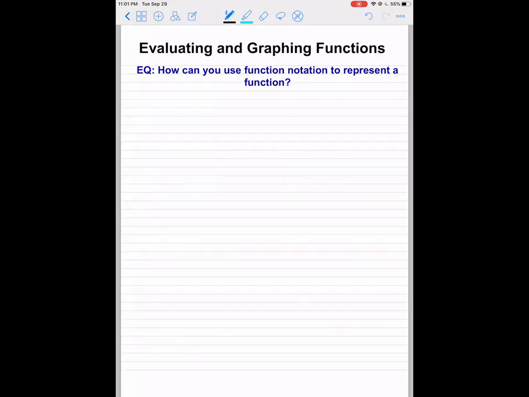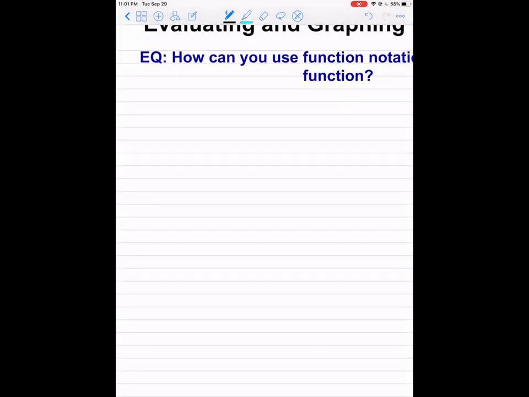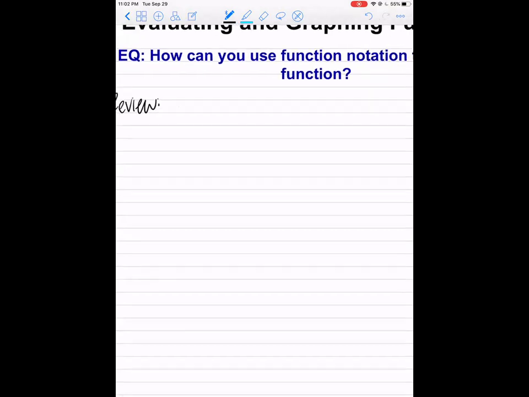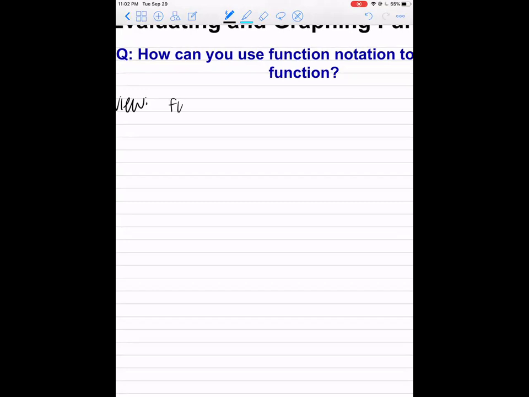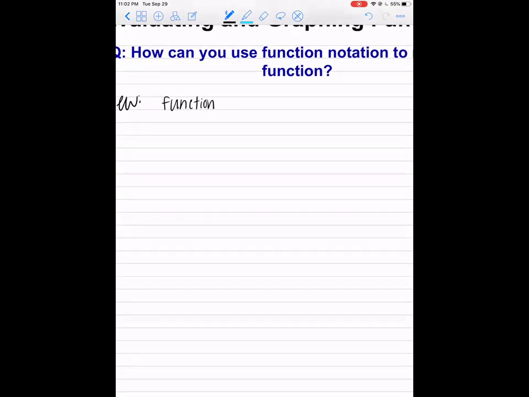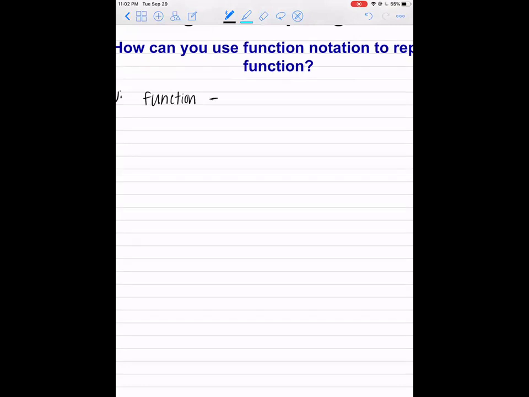Okay, quick review. In order for it to be a function, it has to pass a couple tests, or really one test, but depending on what we're looking at, whether we're looking at a table, a set of ordered pairs, mapping version, a graph, there's different kinds of tests that it has to pass.